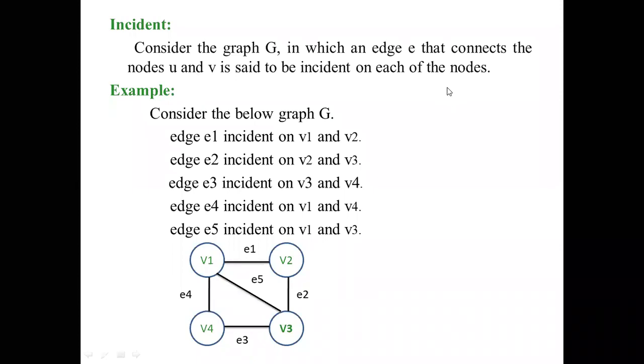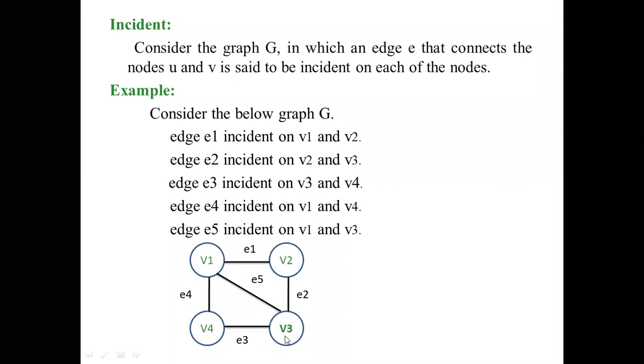Let us consider an example. Edge E1 is incident on V1 and V2. E1 connects the vertices V1 and V2, so it is called incident on each of the vertices. E2 is incident on V2, V3.